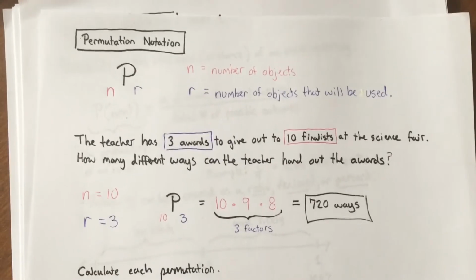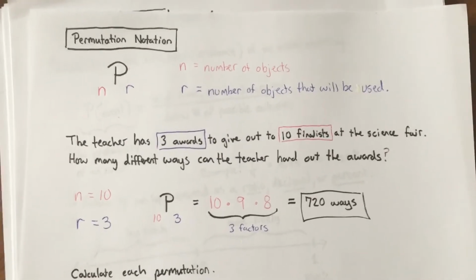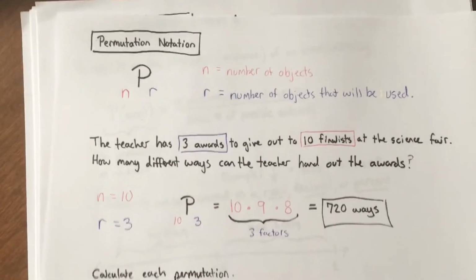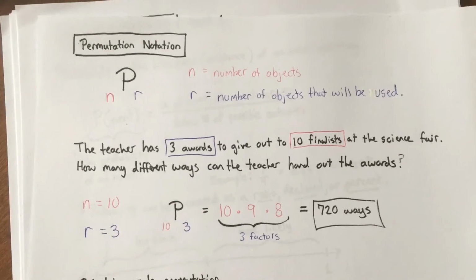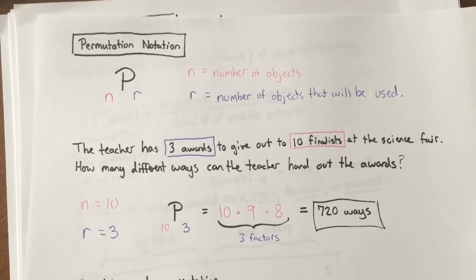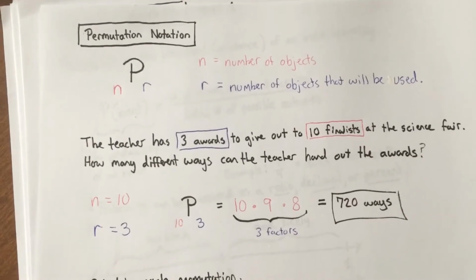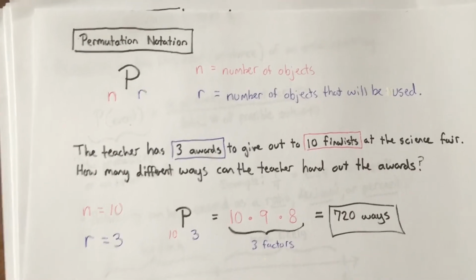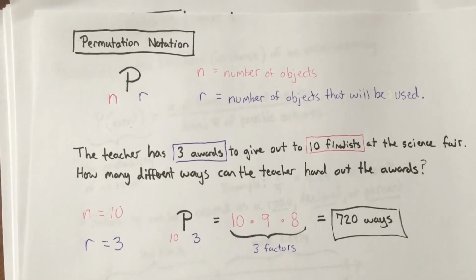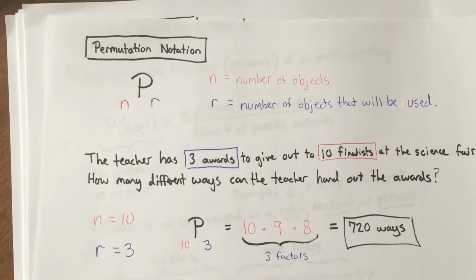Last thing I want to go over with you guys in this lesson is permutation notation. Sometimes when you're dealing with an arrangement of objects, we could do something called partial factorials, meaning that we don't have to take the factorial down all the way to the number 1. A good example of that would be placement in a race or giving out awards to just a select group of people out of a total population.